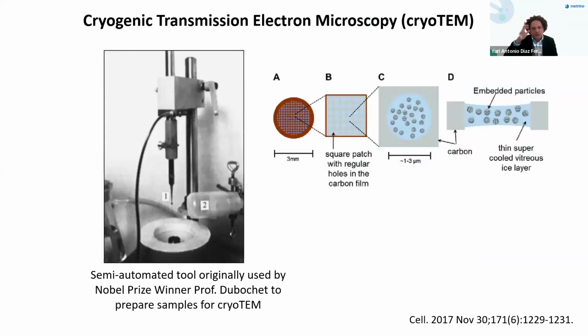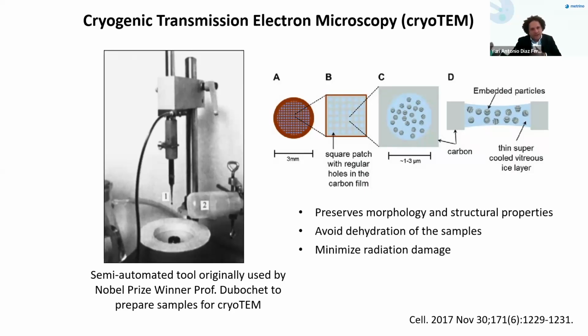Coming back a bit to remind us what we said before, cryo transmission electron microscopy is based on the Nobel Prize winning work of Dubochet, who created sample preparation procedures in order to preserve the particles, whatever they were, either proteins or nanomedicine particles, preserve their morphology and structural properties, and allow high resolution or high magnification analysis using transmission electron microscopy without dehydrating the samples and minimizing also radiation damage.